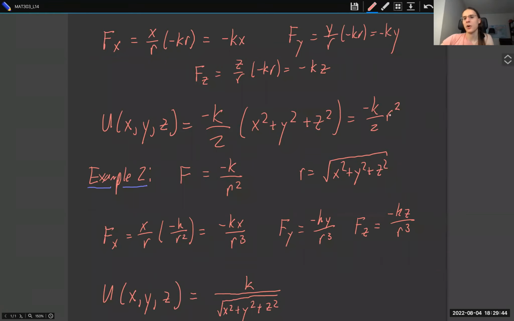So the theorem is: in a conservative field, energy is conserved.